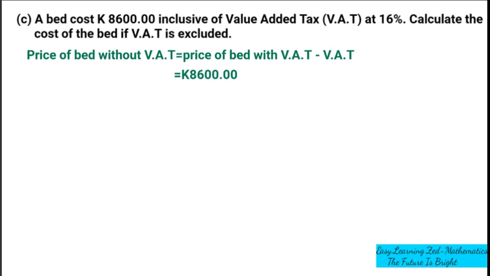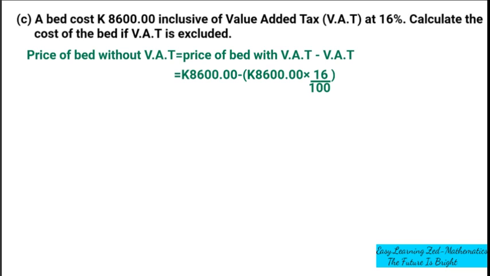So we're going to say minus 8,600 kwacha multiplied by 16%. I'm not going to put the percent sign, instead I'll write over 100. You should know that percent means out of 100, so 16 out of 100. I'm going to do first the expression in the bracket.